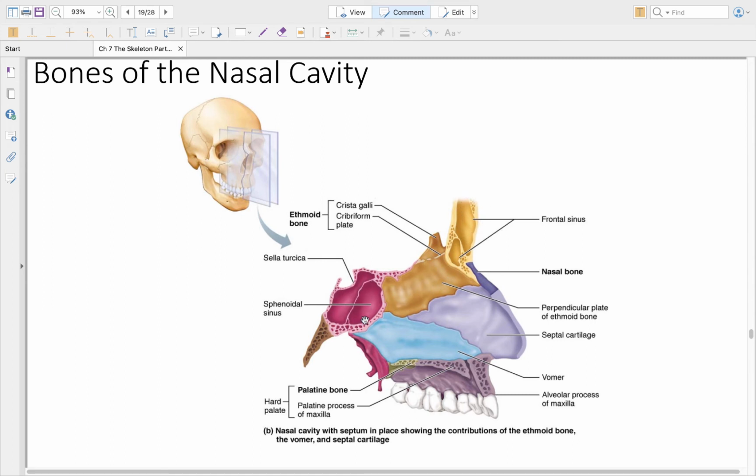Okay, sphenoid, palatine, and notice these areas that make up your sinuses. These are the frontal sinuses, for obvious reasons, because they're under the frontal bone. Sphenoid sinuses, because they're in the sphenoid bone. Okay, those are the two that I wanted to look at.